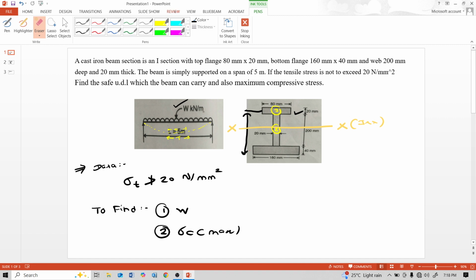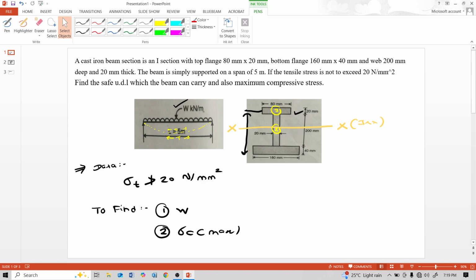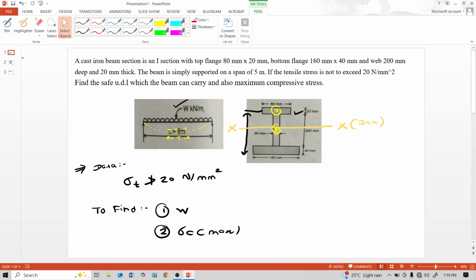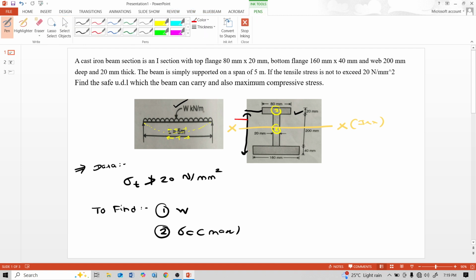Now Ix2 is the web moment of inertia. This web, 90.67, is the moment of inertia for that I section, and Ix2 is y2. Y2 is 140 mm, that means the line above, x2.